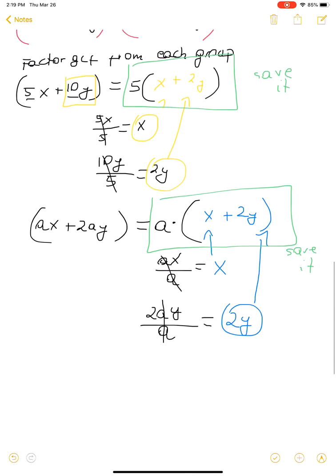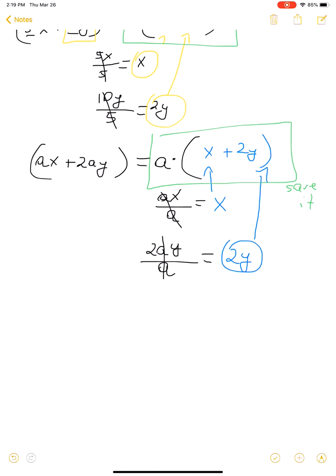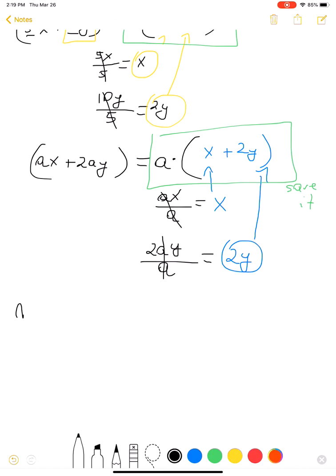Okay, let's continue. Okay, so the final answer, put all of it together.